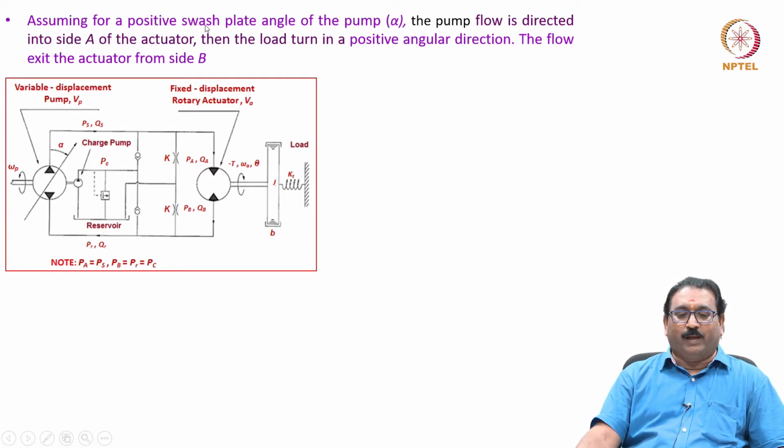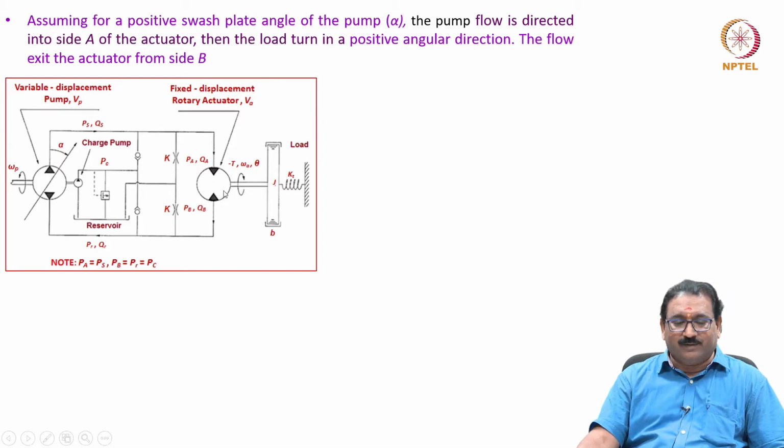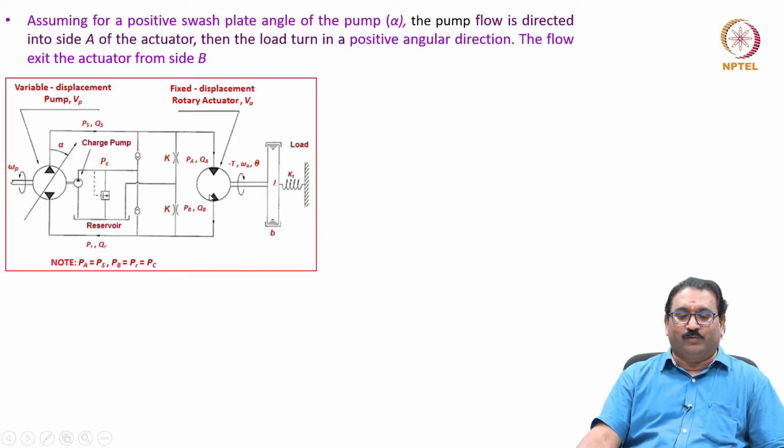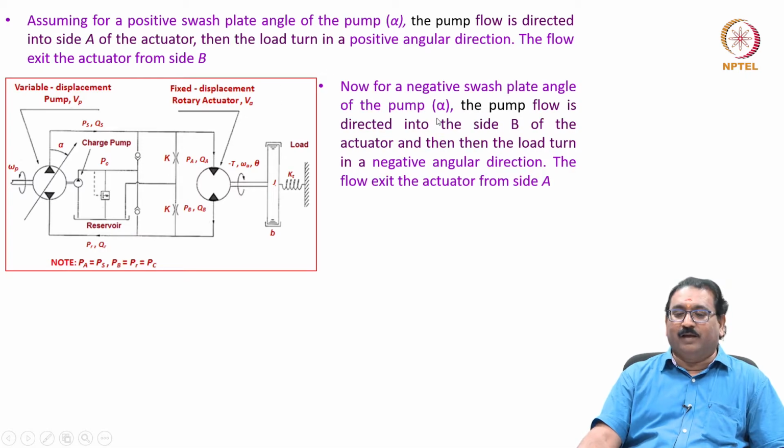Assuming a positive swash plate angle alpha, the pump flow is directed into side A of the actuator. Then the load turns in a positive angular direction, and the flow exits the actuator from side B. Now, for a negative swash plate angle alpha, the pump flow is directed into side B of the actuator and exits from the A side, vice versa.